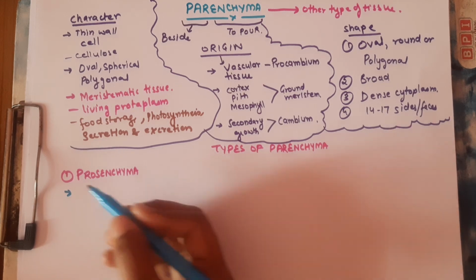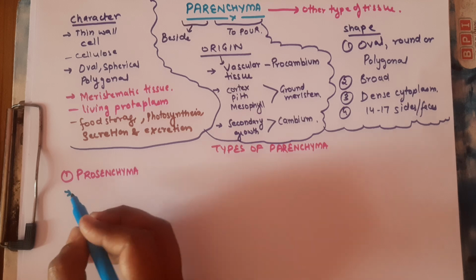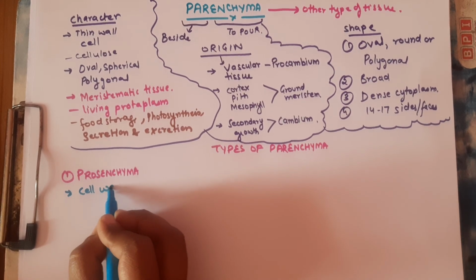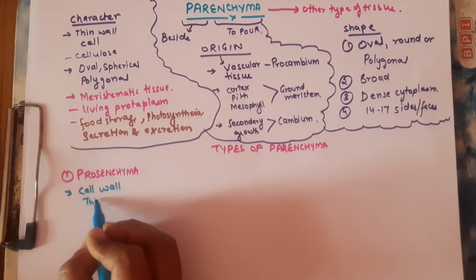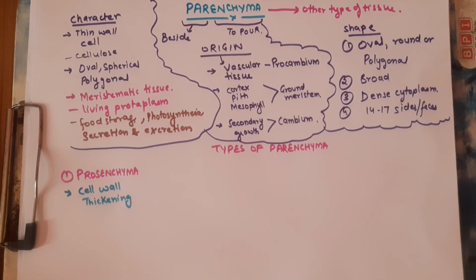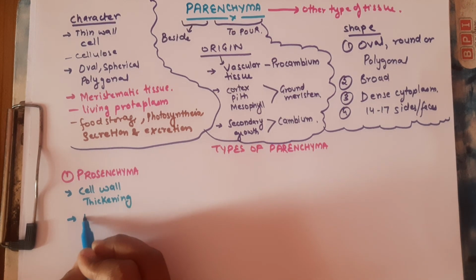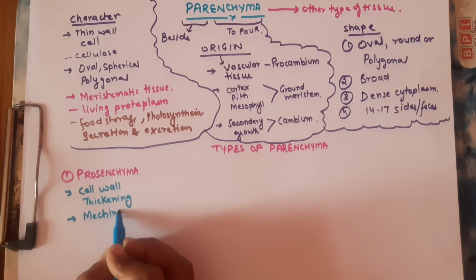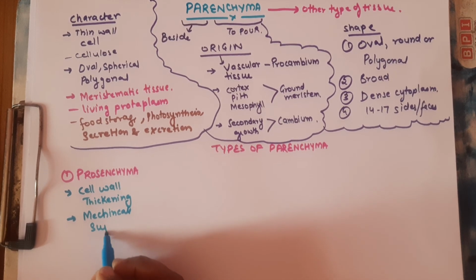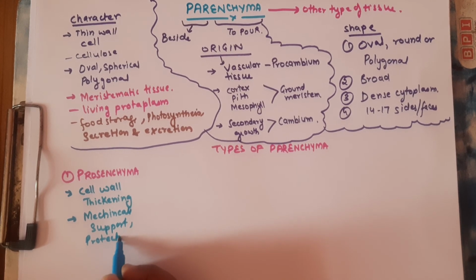This parenchymatic cell will exhibit thickening of the cell wall, and this thickening is due to the deposition of cellulose. That's why they are called prosenchyma. Because of the thickening, the function of these cells is to provide mechanical support, protection, as well as conduction.